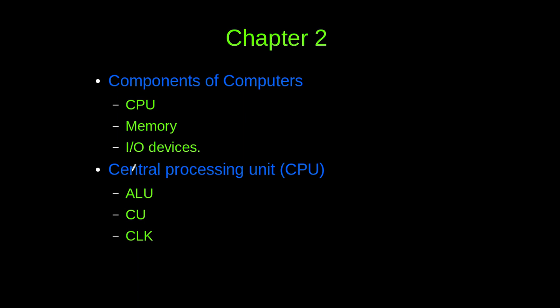A central processing unit also consists of three parts: the arithmetic and logic unit to do arithmetic, logic, and bitwise binary operations; the control unit to coordinate and give the control signals, which we'll talk about later; and a clock to synchronize the operations on the CPU.